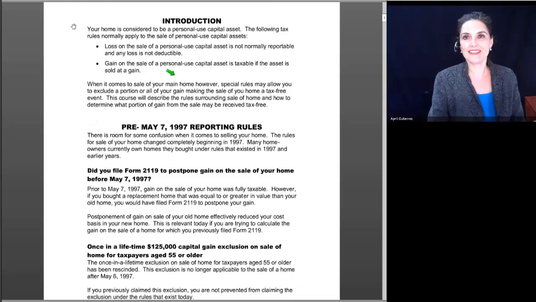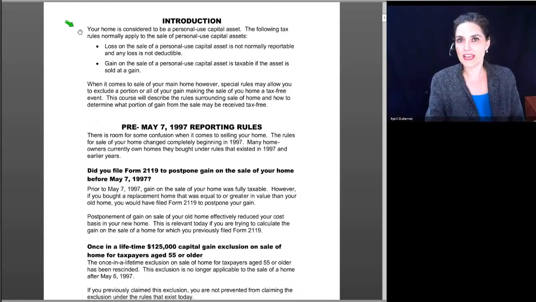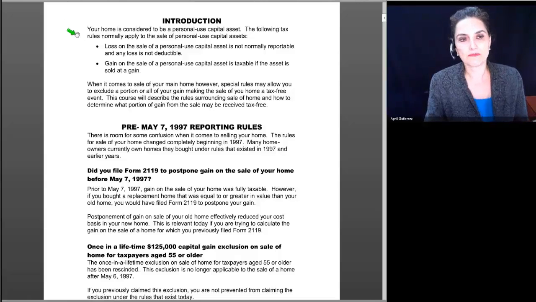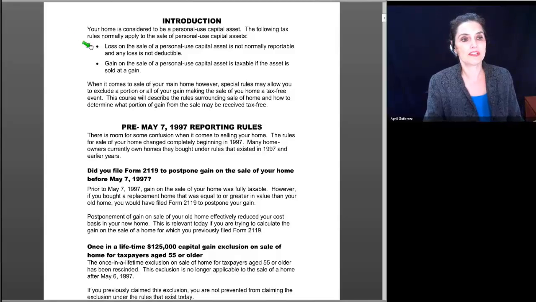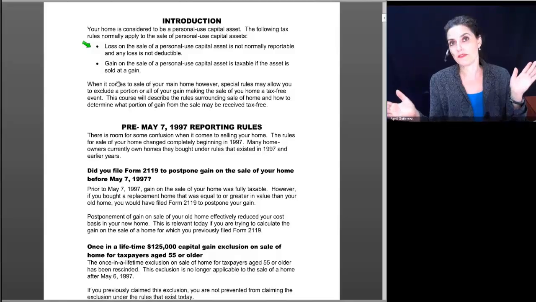The introduction is that your home is considered to be a personal use asset, and the following tax rules normally apply to the sale of personal use assets. The first rule is that the loss on the sale of a personal use capital asset is not normally reportable, and any loss is not deductible. So for the most part, when you sell an asset that's a personal use asset, likelihood is you've sold it at a loss, you just don't report anything.